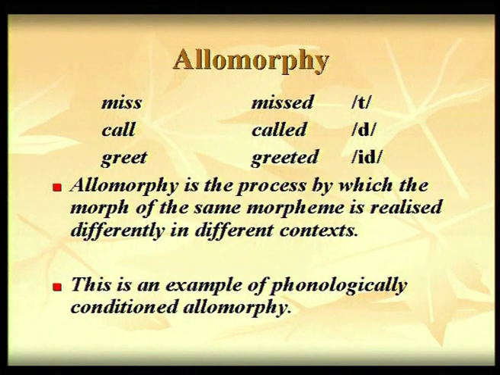However, the actual pronunciation of the morph ed differs in the words given here. The pronunciation is determined by the last sound in the word. Voiceless sounds take t, which is also voiceless. So, miss has s at the end, which is a voiceless sound, and therefore, the pronunciation of the morpheme is t.